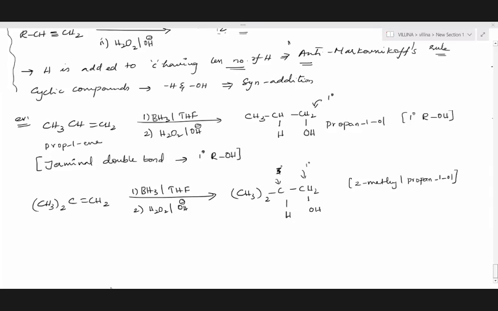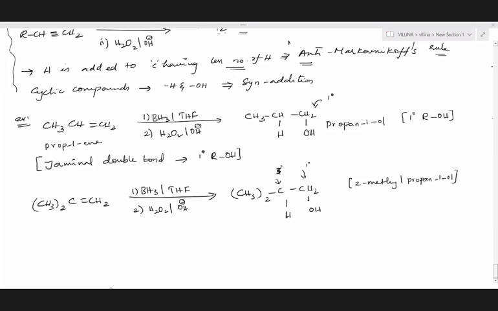Why do we follow the anti-Markovnikov rule? Wherever the hydrogen is added, it goes to the carbon with fewer hydrogens. That is because during the trialkylborane formation, the hydrogen comes from boron. So there itself the hydrogen gets added to the higher carbon.